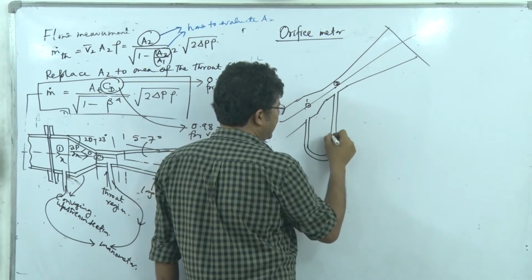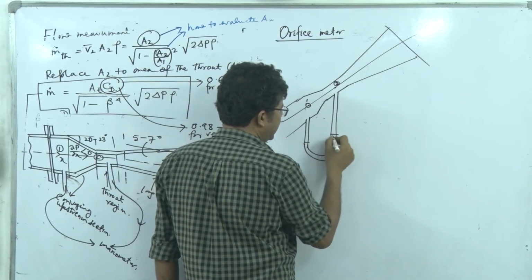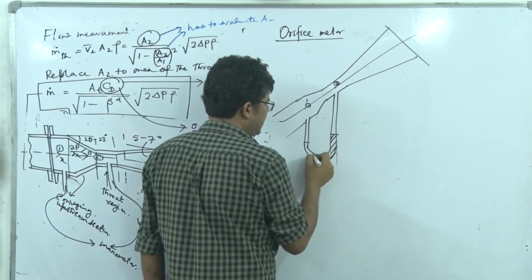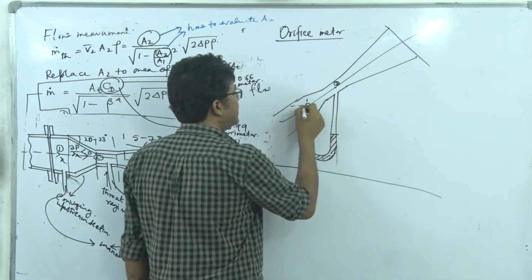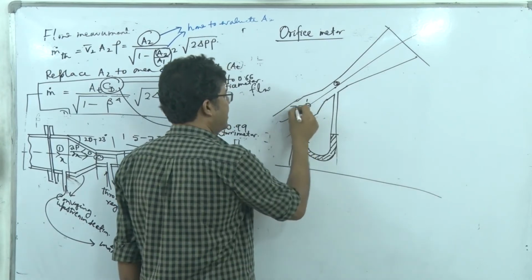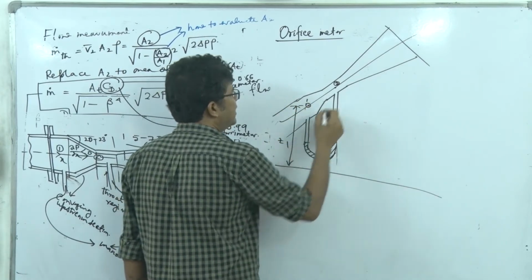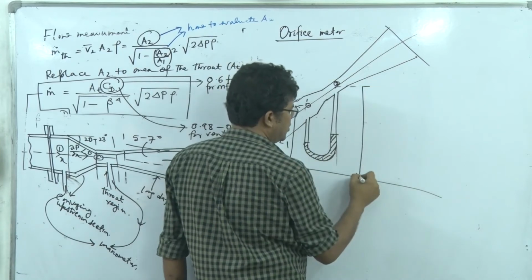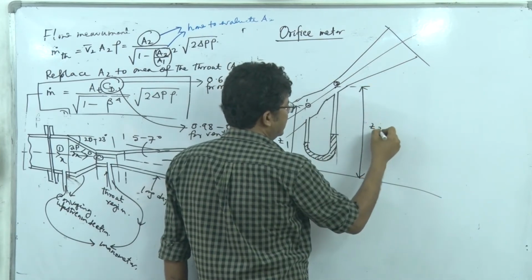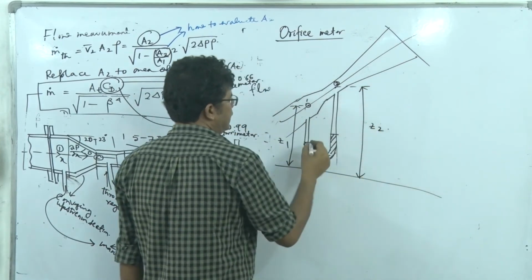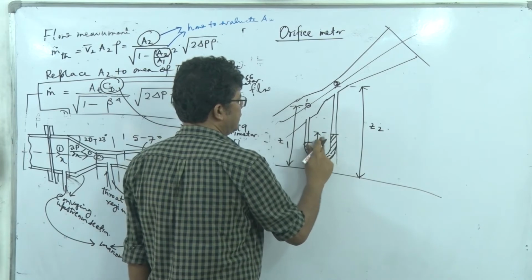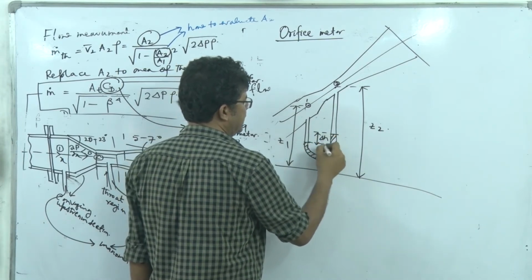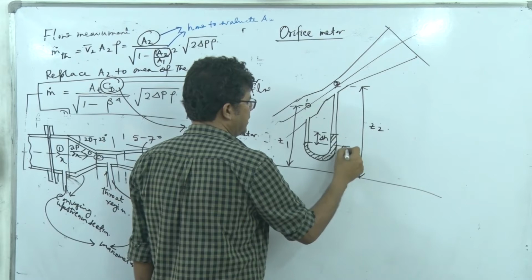So this is the manometer, and that's the manometer reading. So this is the common datum. Here the datum level of point 1 is say Z1. Here for point 2 it is Z2, right? So this gap is delta H, and this one is H0.